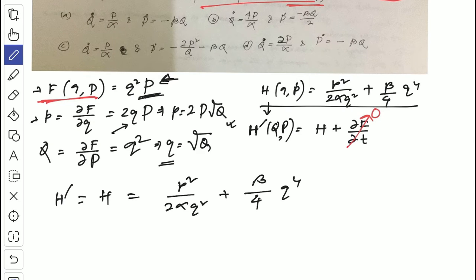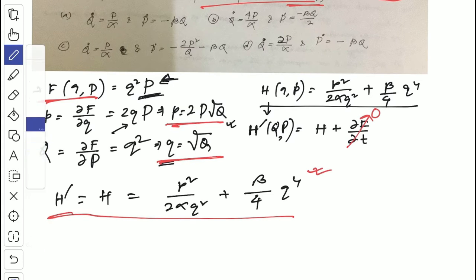So now what we're going to do here, we're going to put the values of small p and small q in this Hamiltonian. If you put these values, then what will you get?